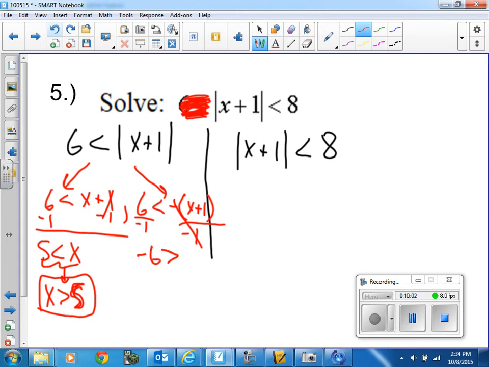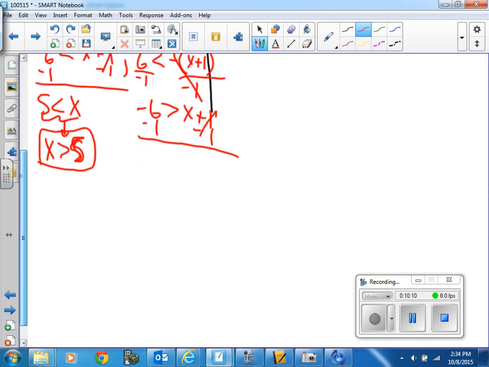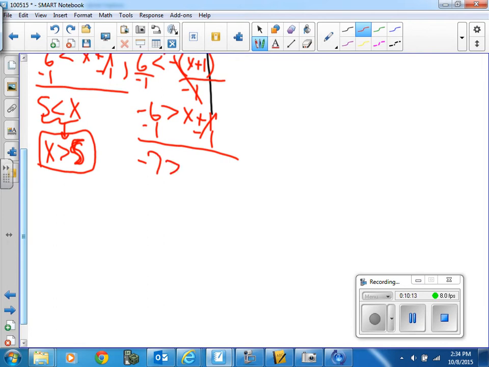Now we have to still flip the sign. Negative x plus 1. We subtract 1, subtract 1, and we end up with negative 7 is greater than x. Alright, we can also flip that around and write that as x is less than negative 7. Those are equivalent, so it's easier to read with the x on the left. I know students always say that.